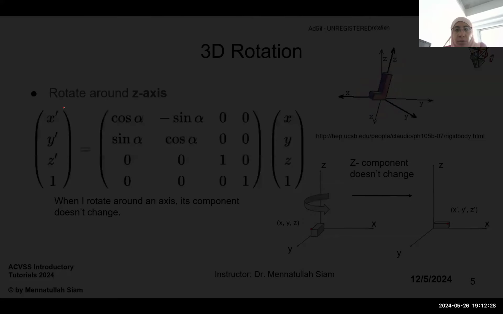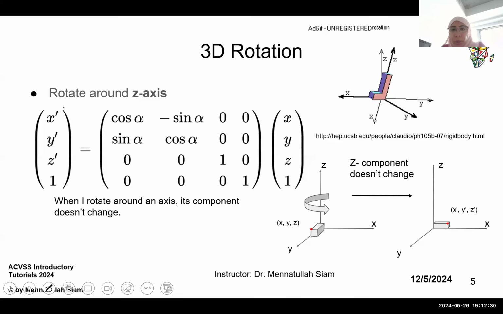Why is this the case? Let's do it step by step. If I have here my input, some cuboid, and I have this point x, y, z, and I want to rotate around the z-axis, okay?